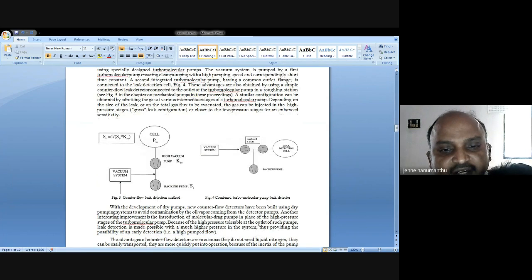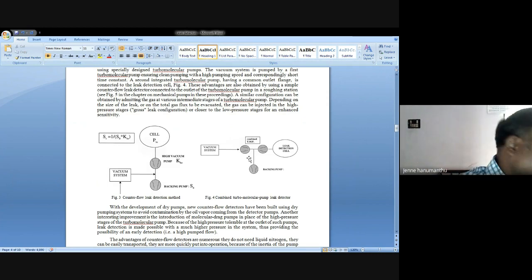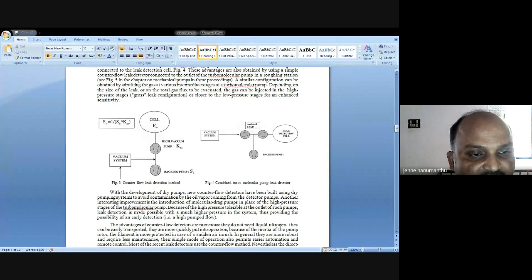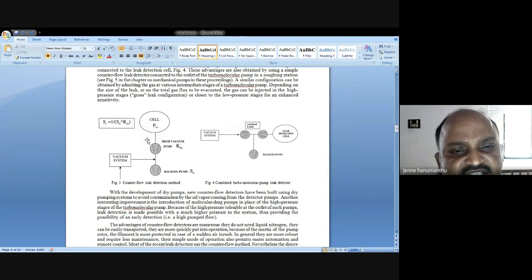So it's a molecular pump. So we are sending with this, especially a counter flow leak detection method. We can also do the same by calculating the sensitivity, and it is molecular.